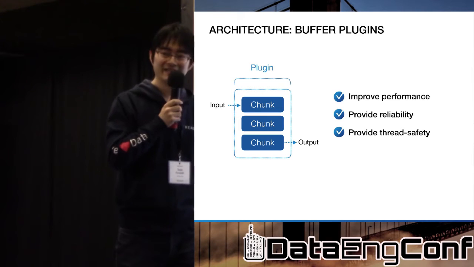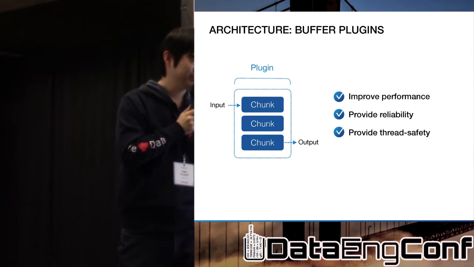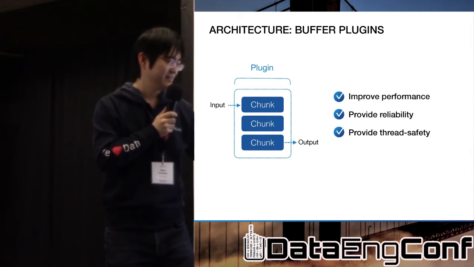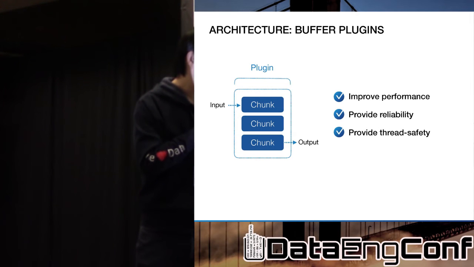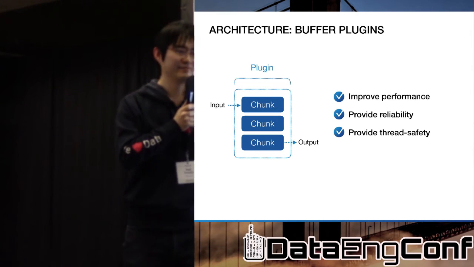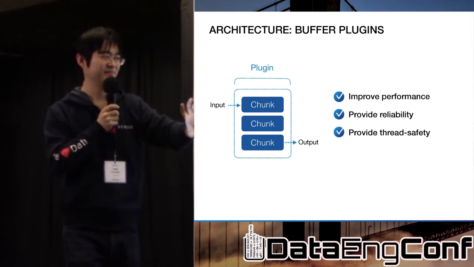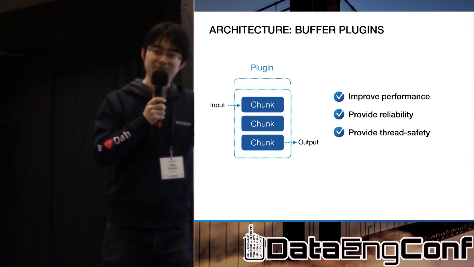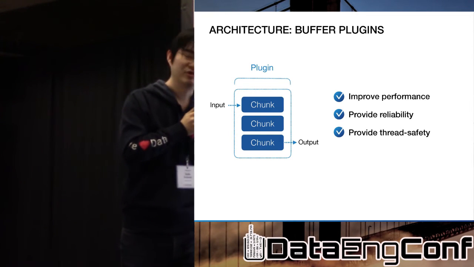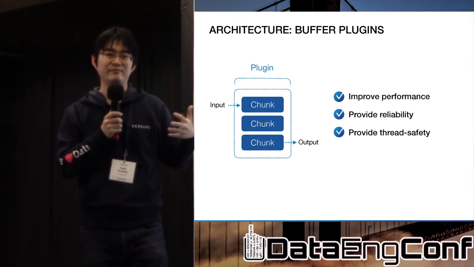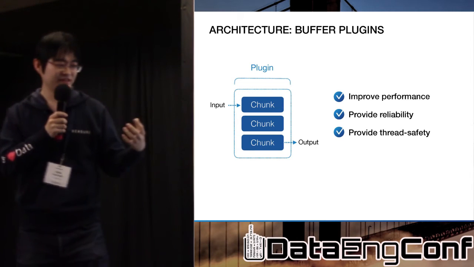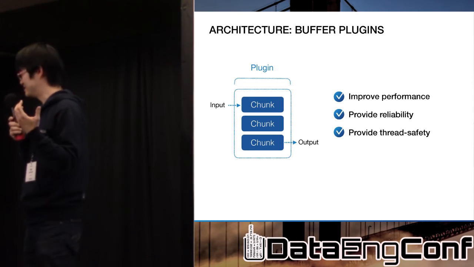When the traffic is high, it queues up, and the size of a chunk becomes bigger. Then output writes the big chunks to the output at the maximum throughput. Then if the traffic becomes idle, the chunk size will be smaller. Then it's more real time. You can flush data every second or every 2 seconds or so.